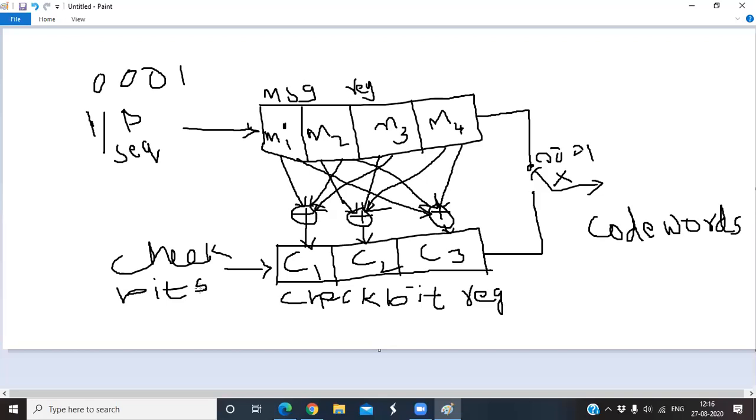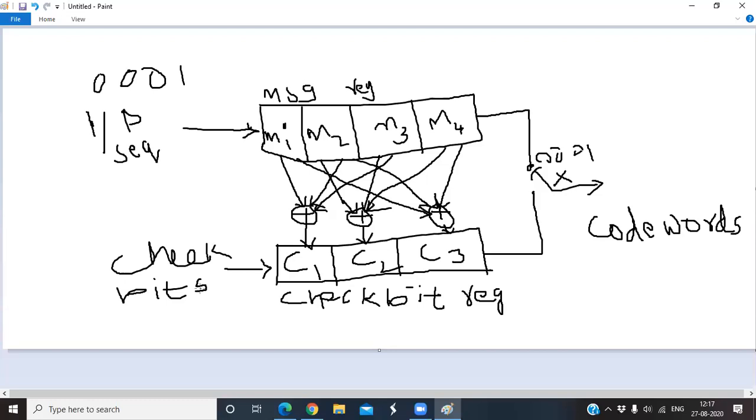The output switch is first connected to the message register. Whenever the output switch is connected to the message register, all the message bits are transmitted. Next, this switch is connected to the check bit register. Now all the check bits are transferred. Therefore, you will get a 7-bit code word.